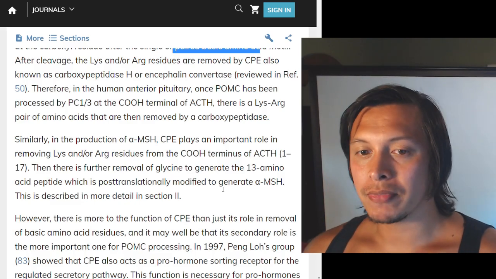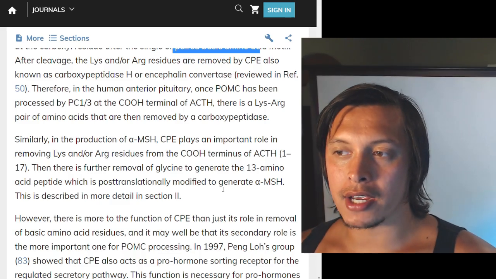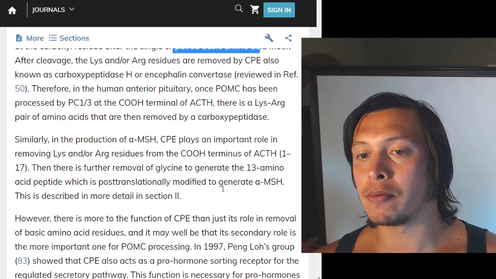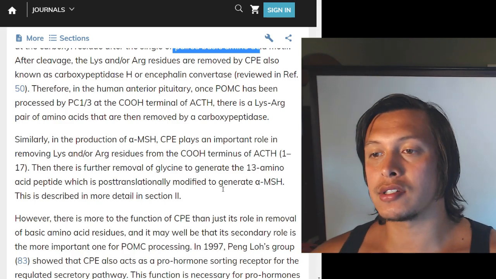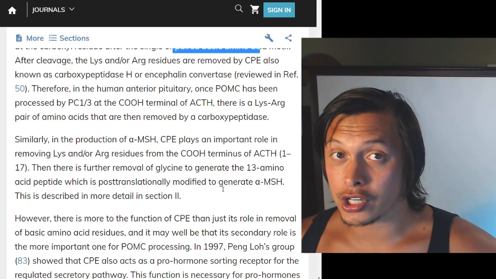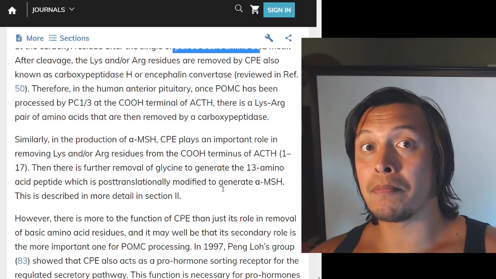Therefore, in the human anterior pituitary, once POMC has been processed by PC13 at the C terminal of ACTH, there is a lysine-arginine pair of amino acids. And remember, both lysine and arginine are positively charged.